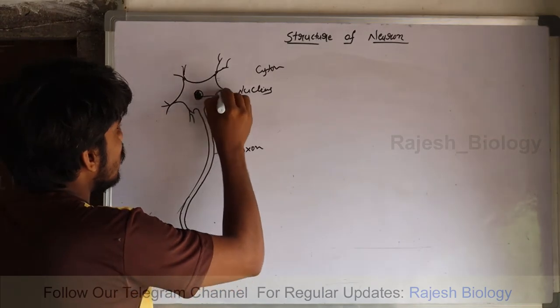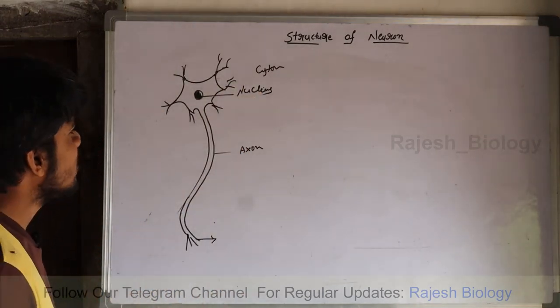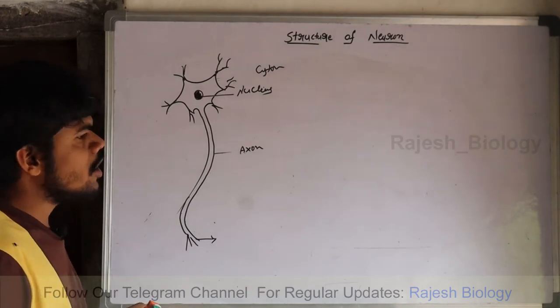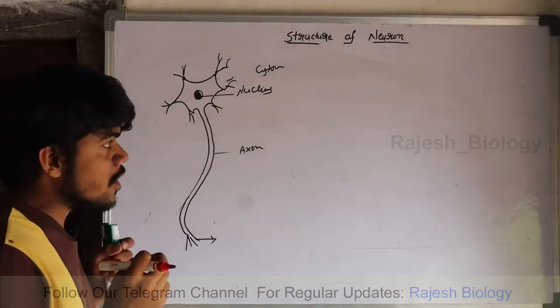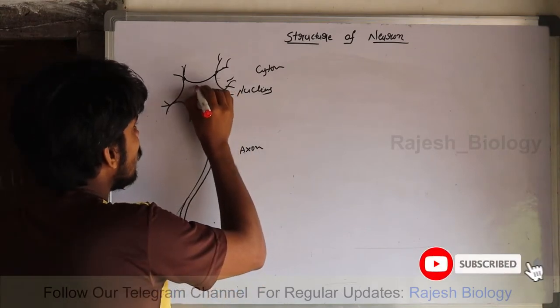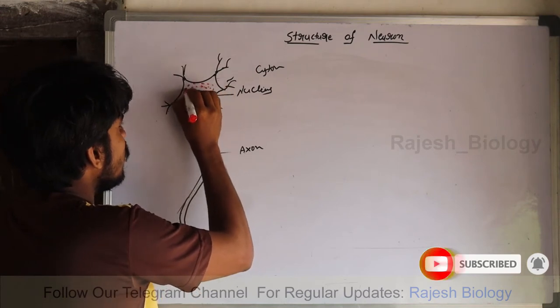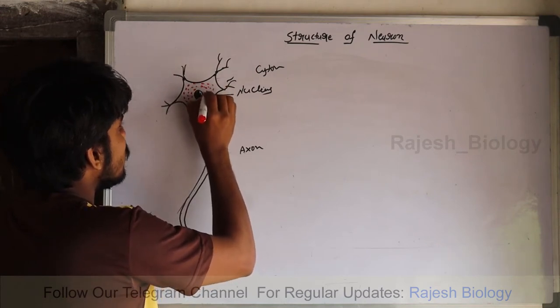So let's see the detailed structure of neuron. First one, cyton. Cyton is also known as perikaryon and soma. It has abundant cytoplasm. In that cytoplasm, there are a number of granules.